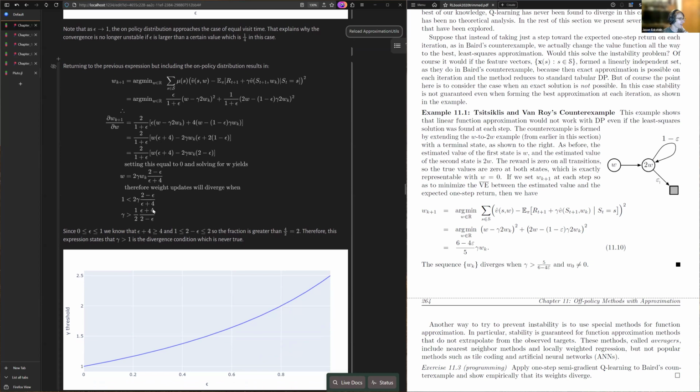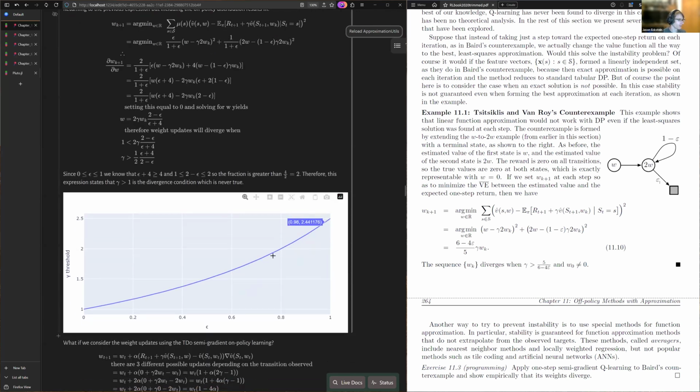Now, this has to be greater than 4 because epsilon is positive, and this has to be less than 2. So this fraction is greater than 2. This is 1/2. So we have a condition on gamma, which is gamma is greater than something which is greater than 1, which will never happen, right?